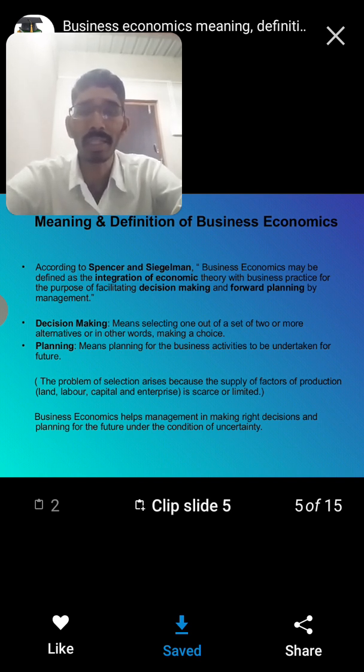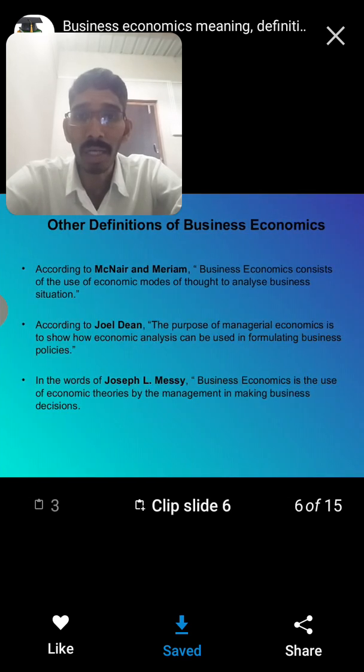Many uncertainties exist for the firm or industry, and business economics helps us to control and maintain firms and companies. This is what we call business economics.